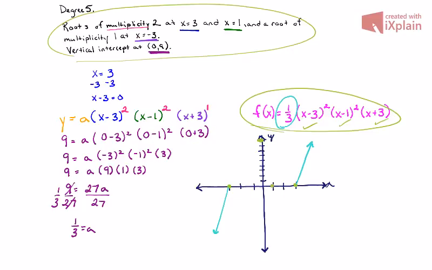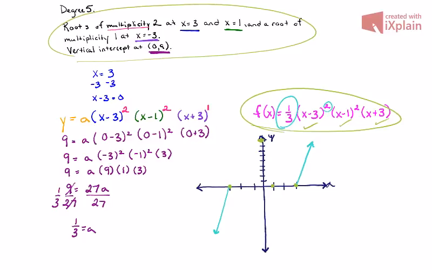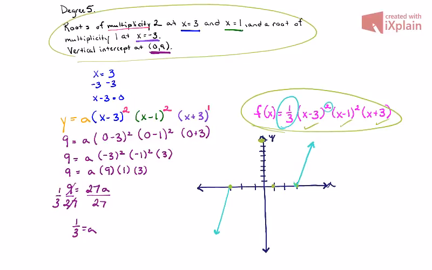Now here's where the idea of multiplicity, or again our degrees, are going to help us. As we are reading through this, we have a zero at x is equal to positive 3. It has a multiplicity of 2, so it's going to bounce off of it.